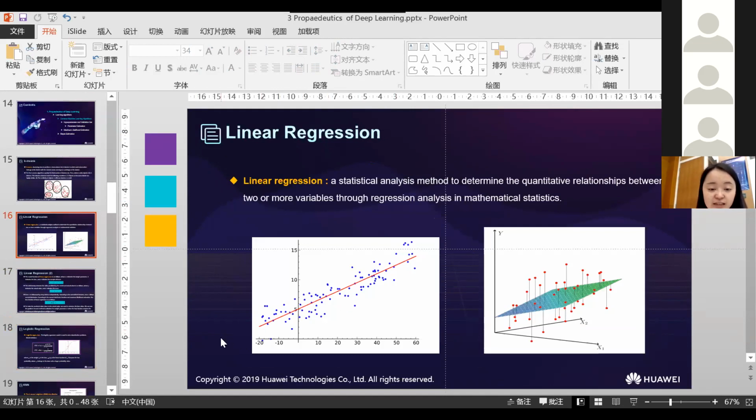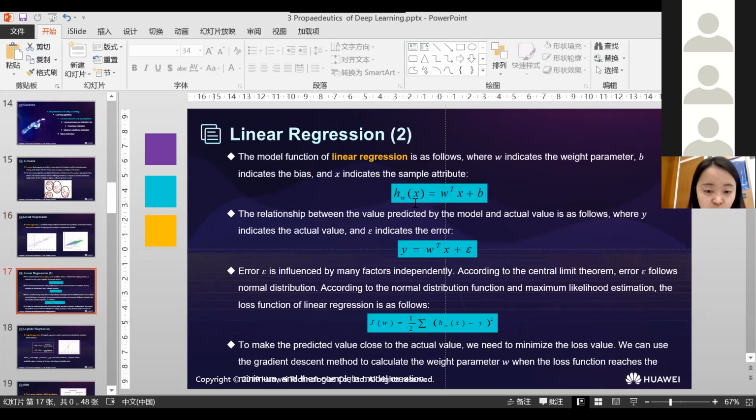And here is an example. This is the straight line linear model in 2 dimensions. And these blue spots are samples. For linear regression, here is our model. It's just this equation.